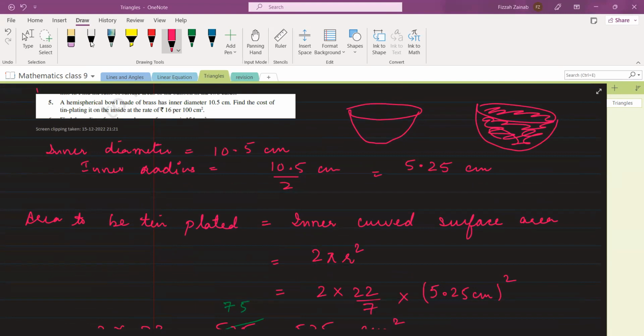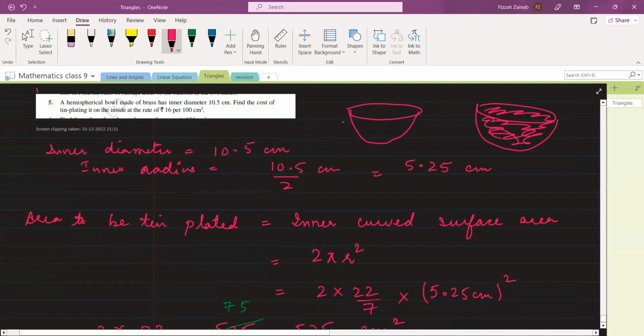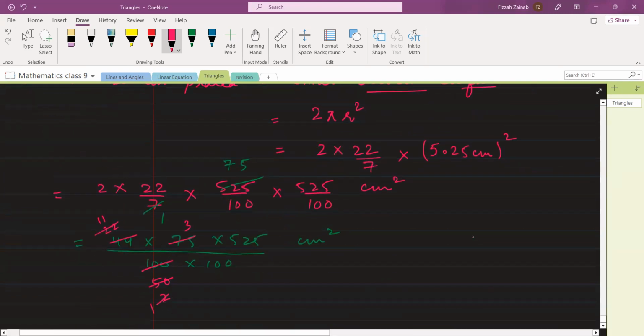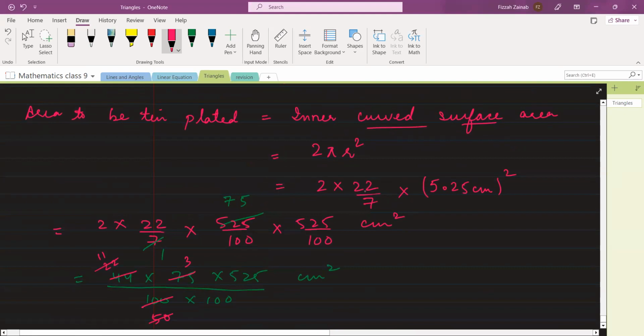Question number 5 I was doing, right? So inner diameter was given. So this is your inner radius, which we have found. Now area to be tin plated is actually the inner curved surface area, right? 2 pi r square. So I have just put the values 2 into pi and r.